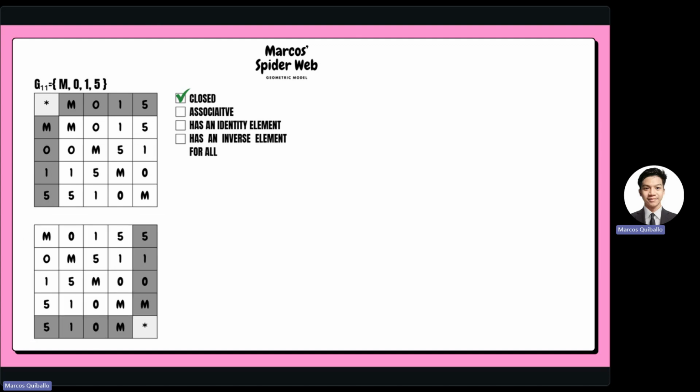It is also associative because when we rotate it, it's also the same. It also has an identity element, which is M, and it has an inverse element for all. So this G sub 11 is also a group.